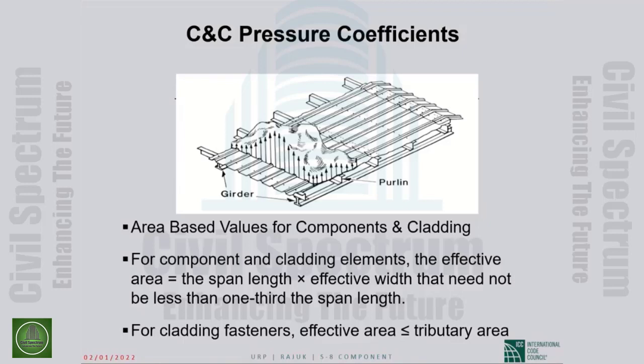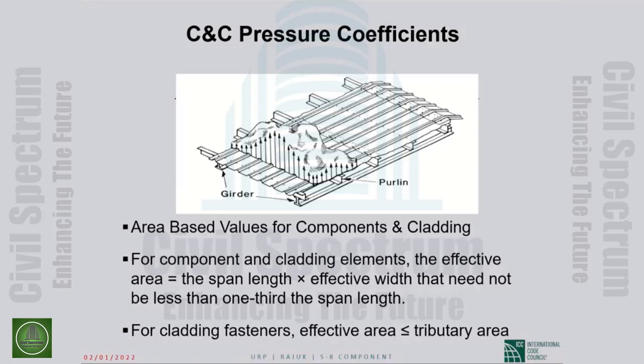There are times, like a roof truss, when we are not sure whether it's a component or part of the main wind force resisting system. In those cases, the best advice is to treat it as a component, and treat it as a main wind force resisting system.